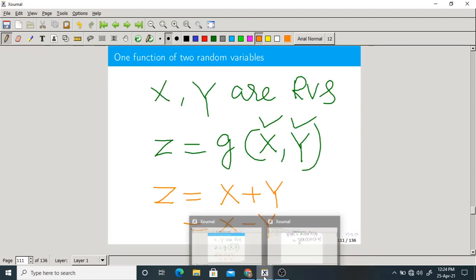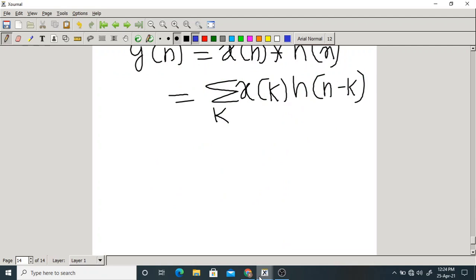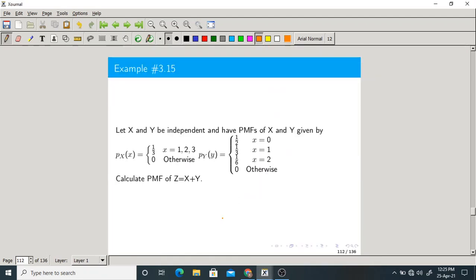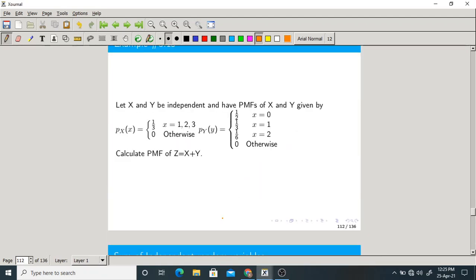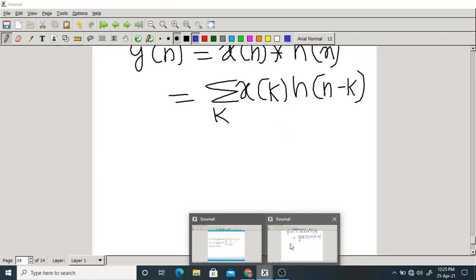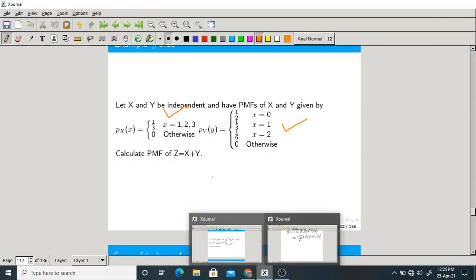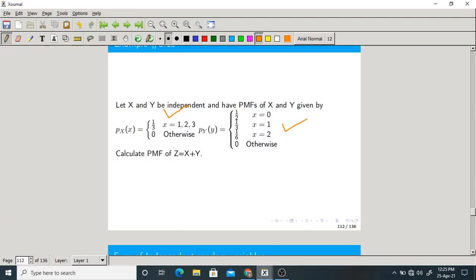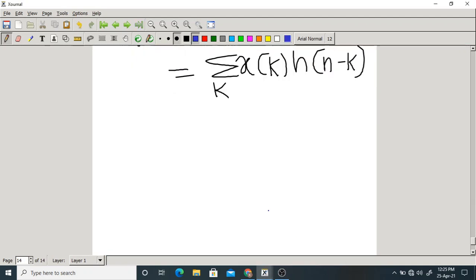So let us take a simple problem. X and Y are independent and have PMFs of X and Y given as like this. Calculate the PMF of Z equal to X plus Y. In the problem itself it is given that they are independent, so no problem. Directly you can write the formula.